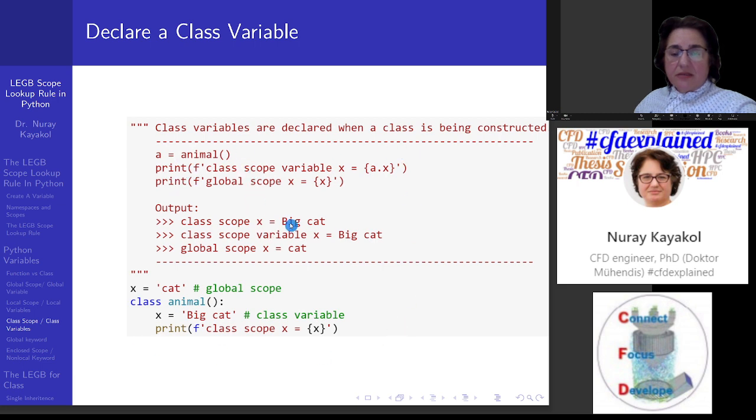Actually they are the same, but just to show how to access this value of object x, a dot x, and then the next step to get this global scope value of x, that is the cat. This is how you access the class and global variables in such a piece of code.